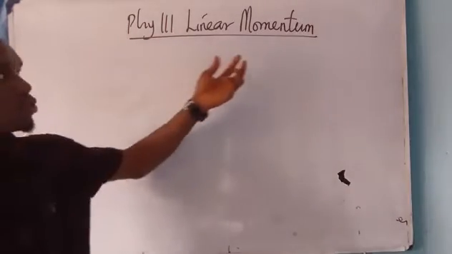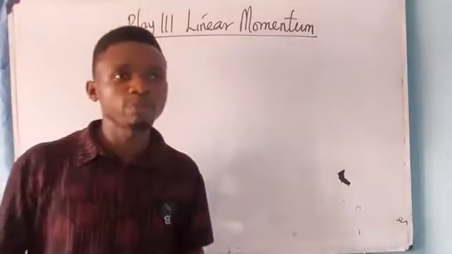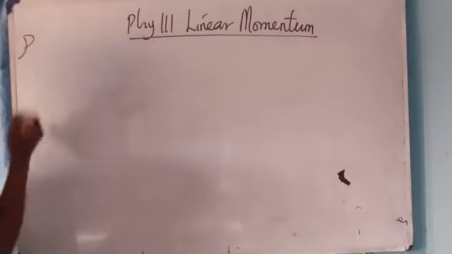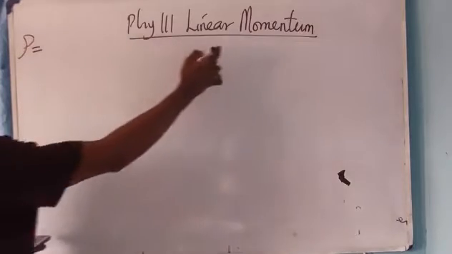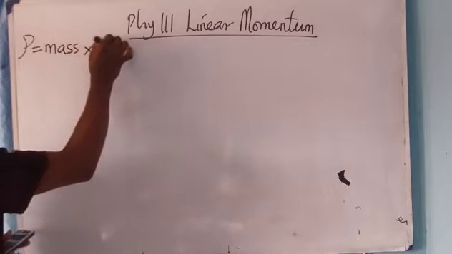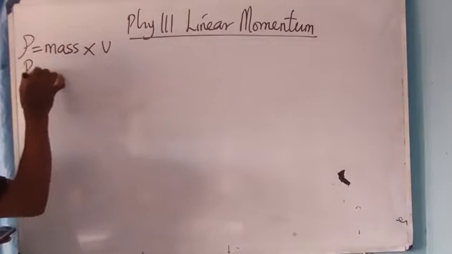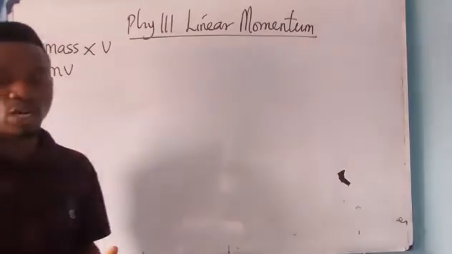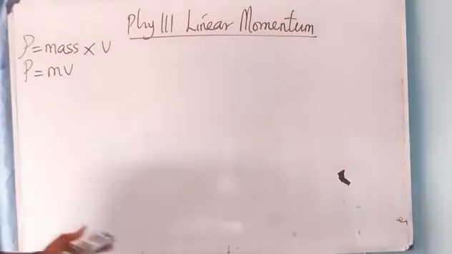Now, Physics 101, linear momentum. What is the meaning of momentum? Momentum means the product of mass and velocity. Momentum is mass times velocity, that is mv. We have initial velocity and final velocity.